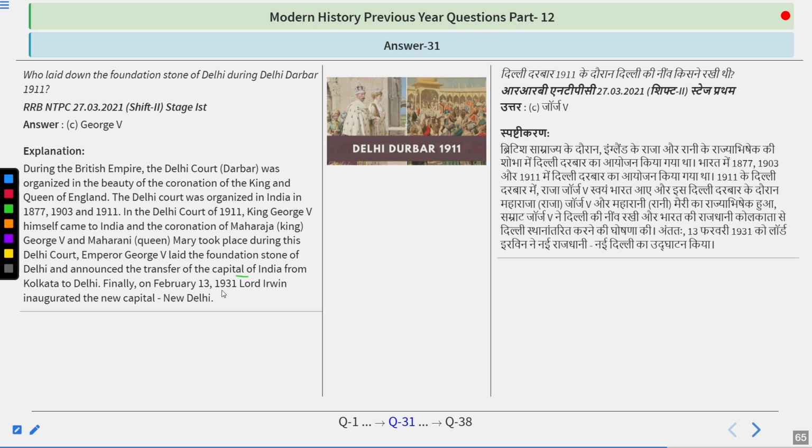Finally, on February 13, 1931, Lord Irwin inaugurated the new capital in New Delhi. So do remember, if we talk about why they transferred the capital to New Delhi from Calcutta, Calcutta had become the center of nationalism in our country, and particularly to counter or suppress that, they transferred the capital to Delhi.